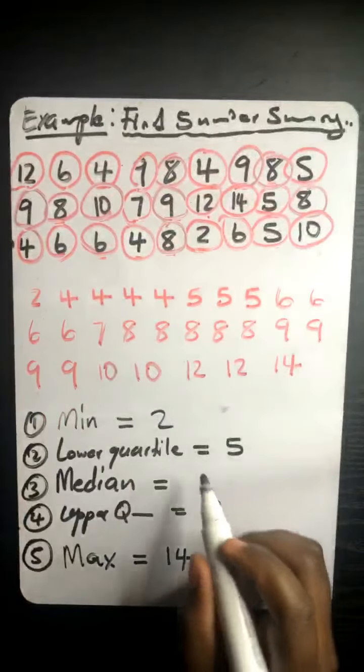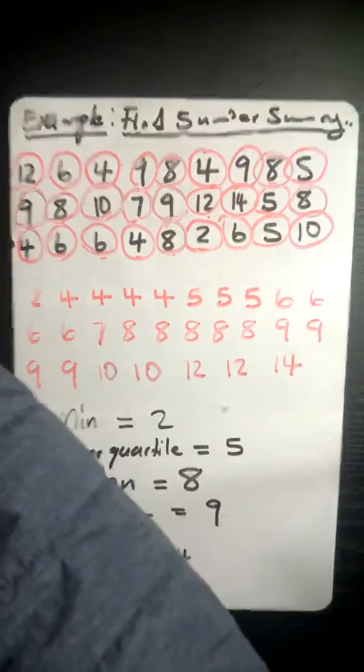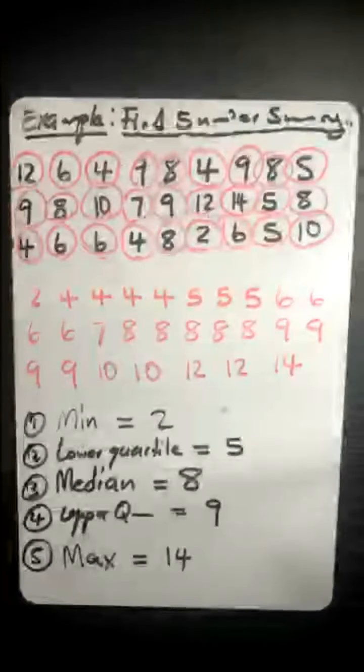Hey, Nontokozo, you see that you are doing things that are not right. You see this matter? Things that are not right. You know, I know it in Afrikaans, so you get it? I'm kidding, gift.